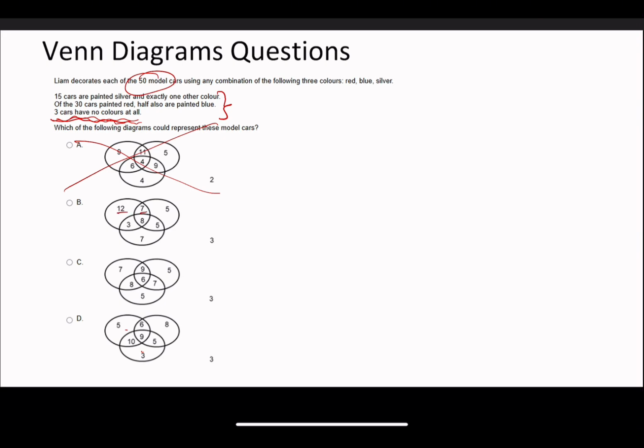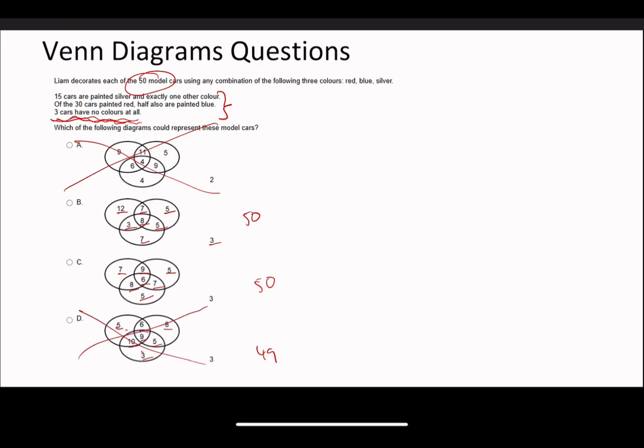So 12, 19, 24, 29, 32, 40, 47, 50. Okay, so that one's 50, that's fine. 7, 16, 21, 28, 34, 42, 47, 50. Okay, that's fine. 11, 19, 28, 33, 36, 46, 49. Okay, so you can see D is going to be wrong for that reason. So we've done another rule out.